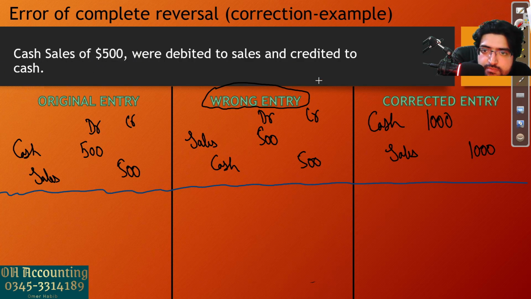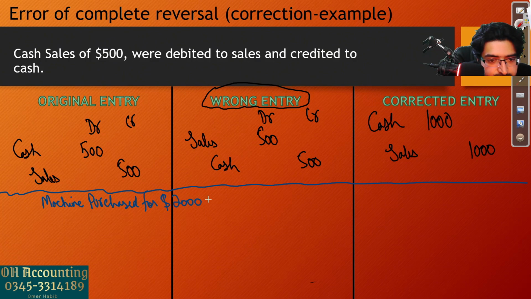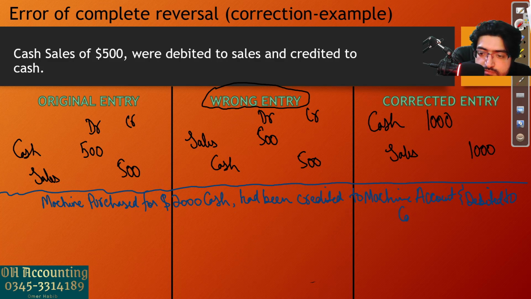Let's say, let me write it here. Machine purchased for $2,000 cash, had been credited to machine account and debited to cash account.